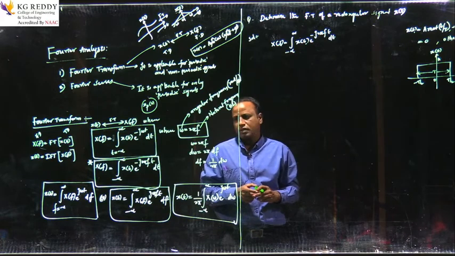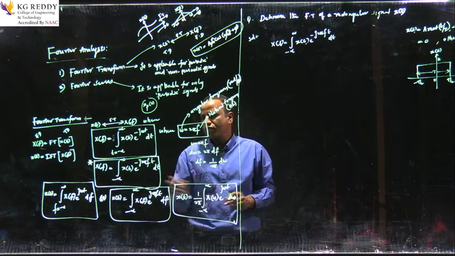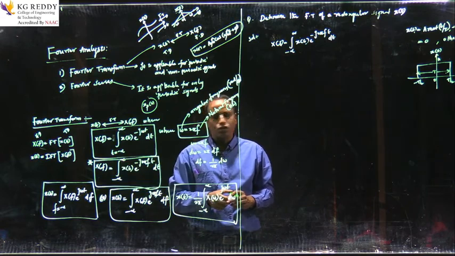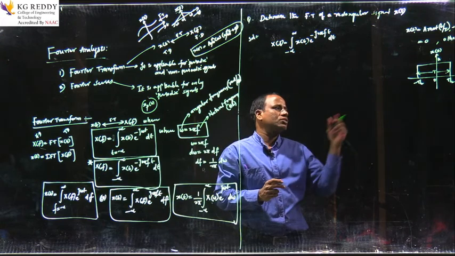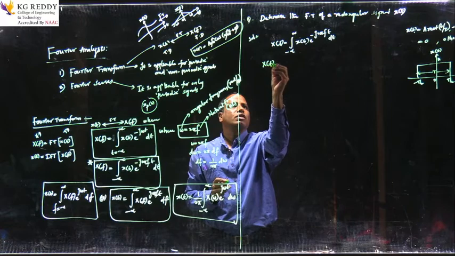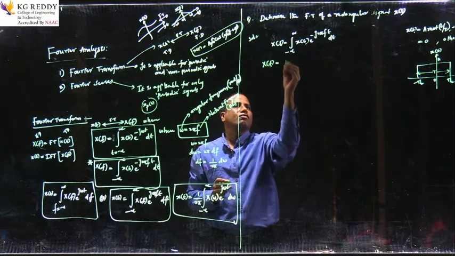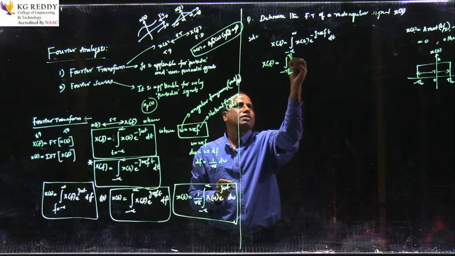Since it is a general definition of the Fourier transform, if x of t lies between minus infinity to plus infinity, it is valid. But in our case, the rectangular signal lies only between minus T by 2 to plus T by 2. So there is no need to take the limits from minus infinity to plus infinity. We can take the limits from minus T by 2 to plus T by 2.